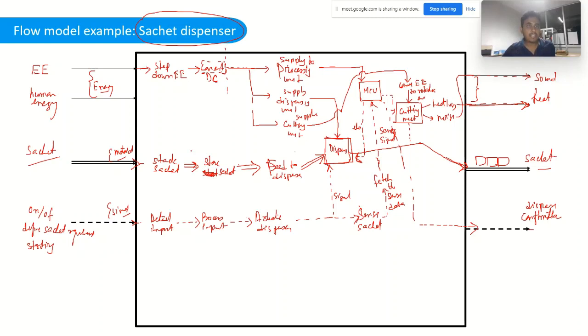So what we missed here is human energy. For stacking the sachets, probably human energy is required. So this is a double line, because this is material. Again, for feeding you do not need it.